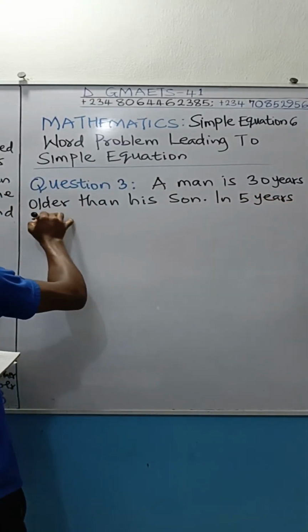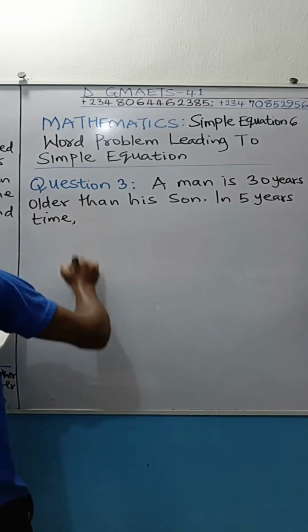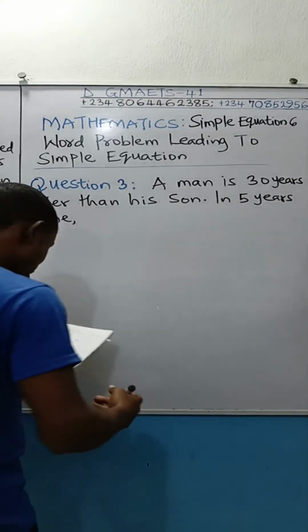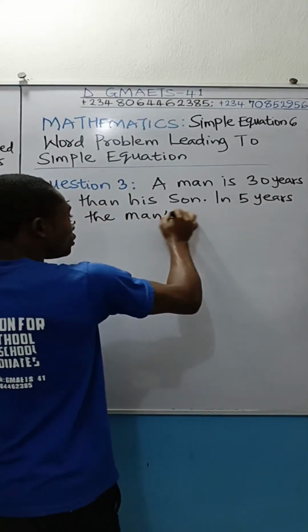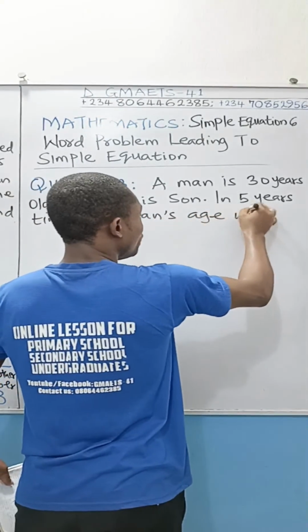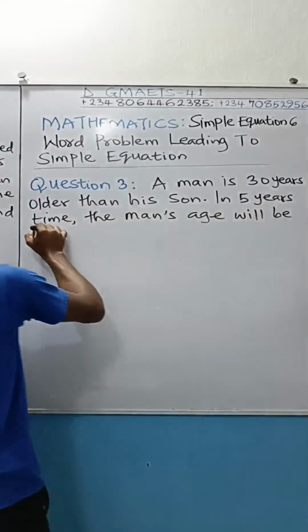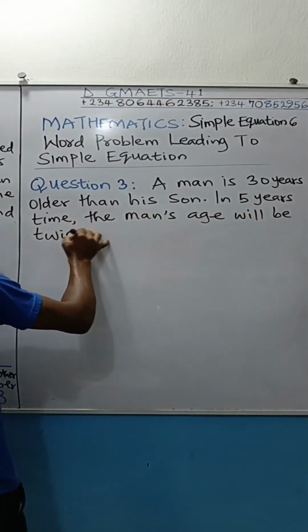In 5 years' time, the man's age will be twice his son's age.